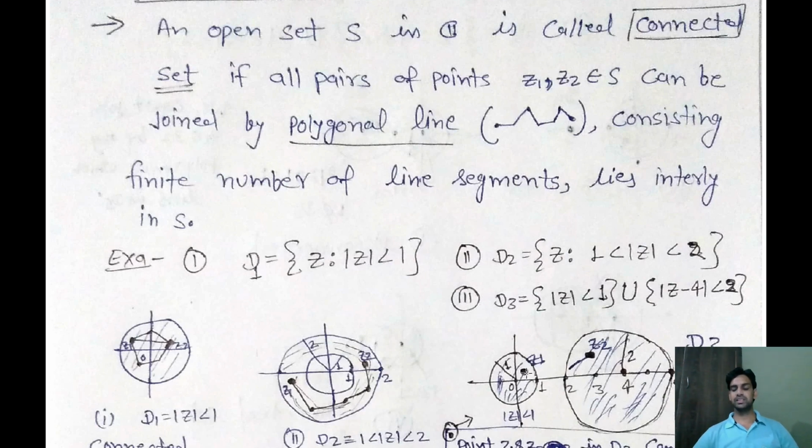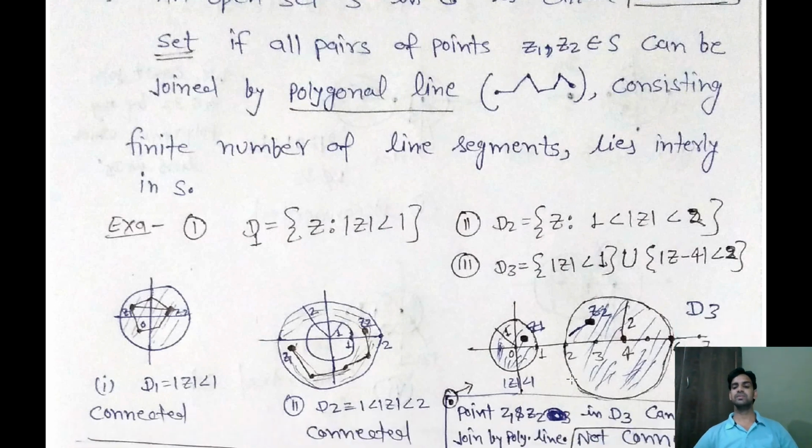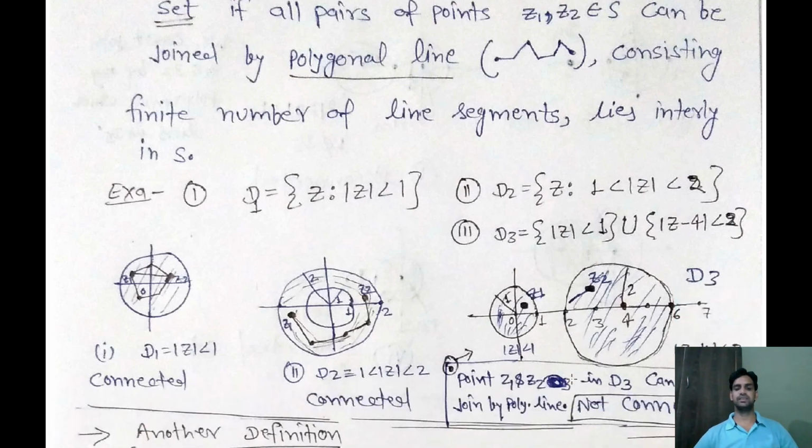And also if we take any polygon line this way, this and this, and join this way, this part is also not inside the set. By the definition, if we join any two points by a polygon line, that polygon line should lie inside the set, but this line segment does not lie inside. So this set is not a connected set.